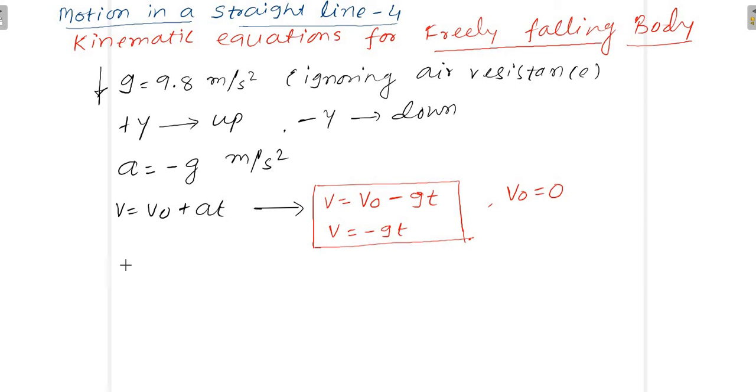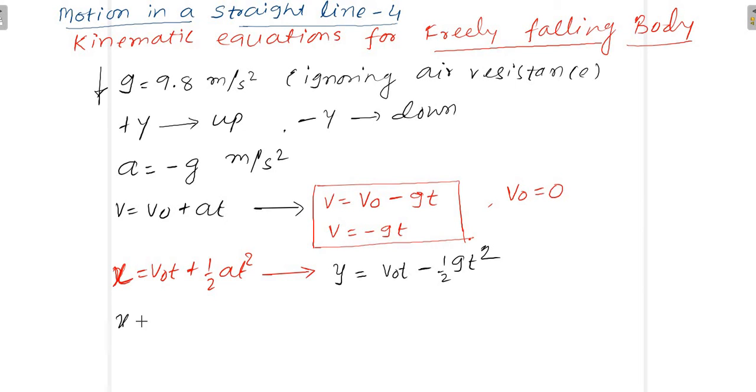The second equation is about distance. We had written x is equal to v0 t plus 1 half at square in the horizontal direction. In the vertical direction, let the distance traveled be y. Then v0 is generally 0, but for continuity, y is equal to v0 t minus 1 half gt square, since g is negative.